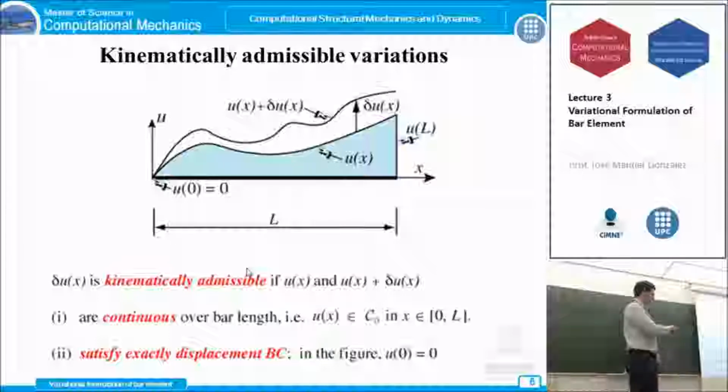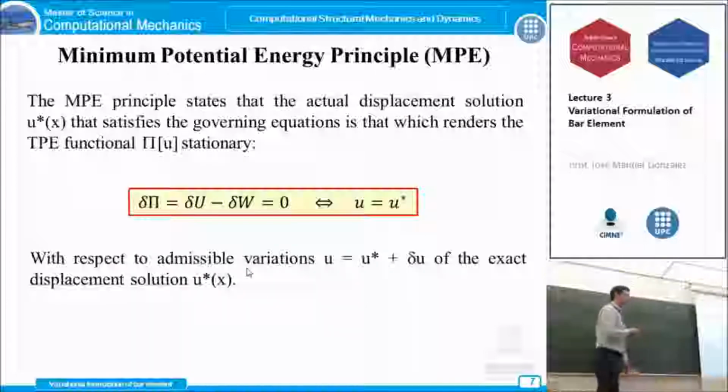So if we consider this variation of the displacement function, we can calculate a variation of this total potential energy, and we call it the total potential energy principle, which states that the displacement which is the solution of our problem, which satisfies the governing equations, that's the three governing equations we've talked about, the equilibrium, the kinematic and the constitutive laws, is the one which renders this total potential function stationary.